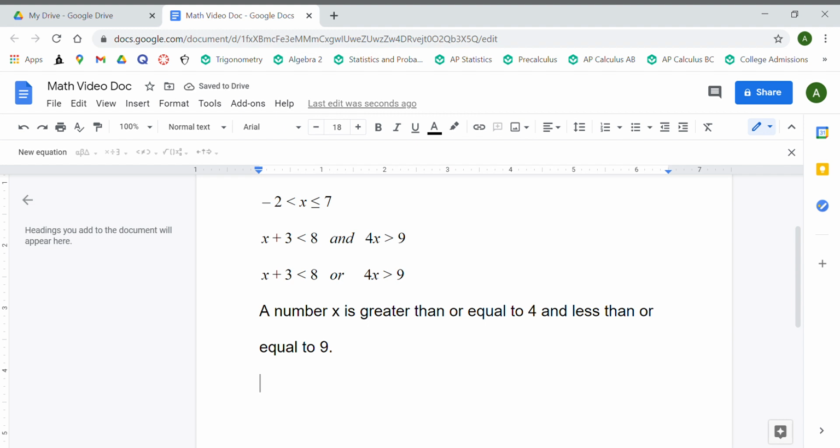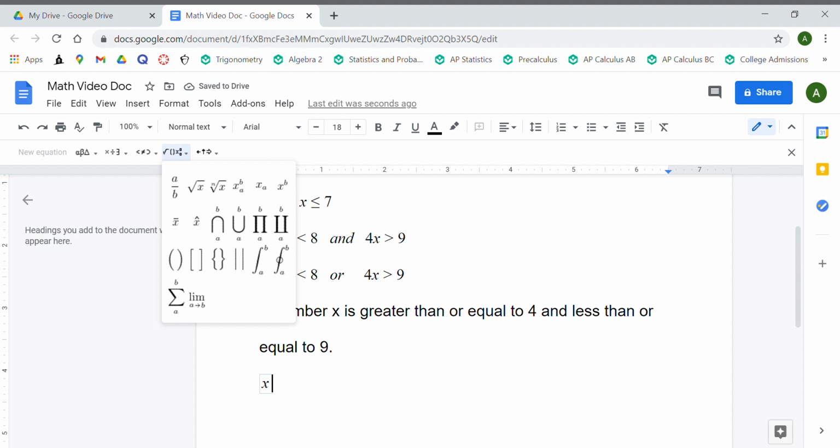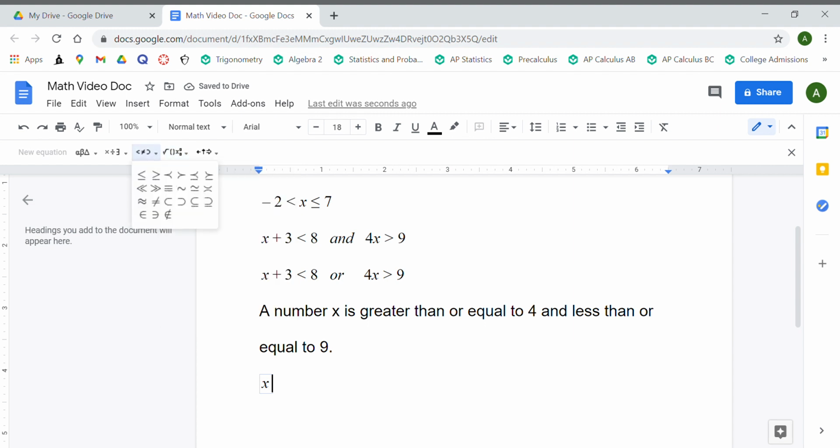Alright, so we can write 2 inequalities right here. We have x is greater than or equal to 4 and x is less than or equal to 9.